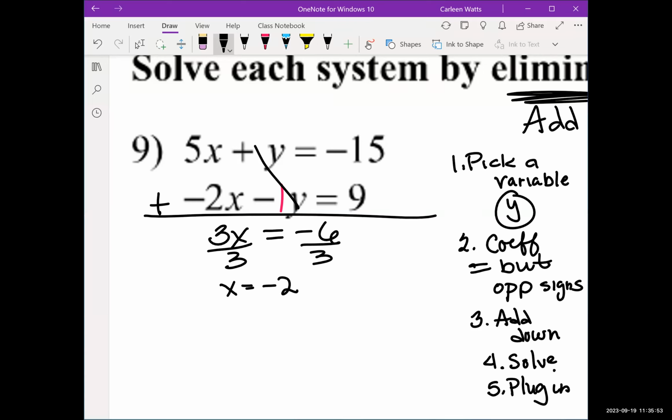So I need to pick an equation to plug into. I don't like the bottom one because it has a lot of negatives. I'm going to plug it into the top. Now, neither one of them is solved for y, so it kind of doesn't matter. 5 times -2 plus y equals -15. 5 times -2 is -10.